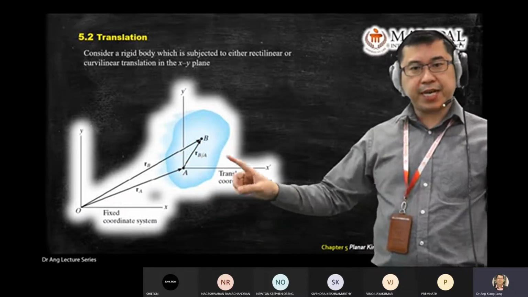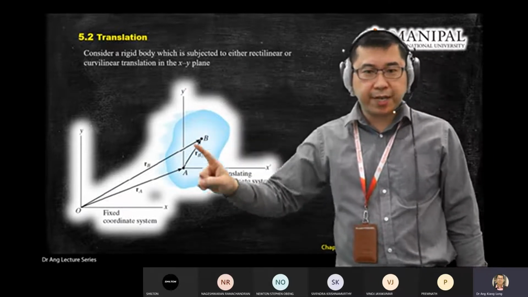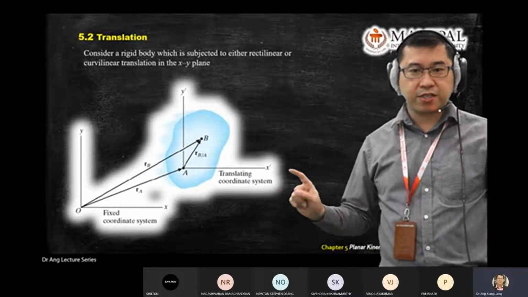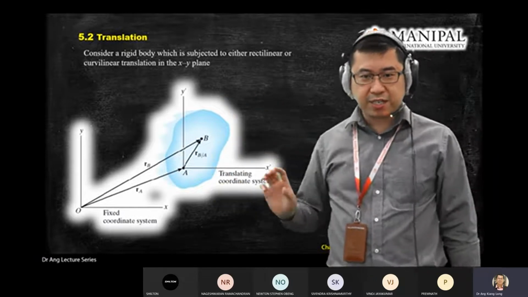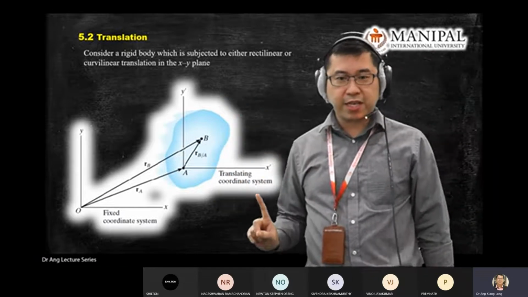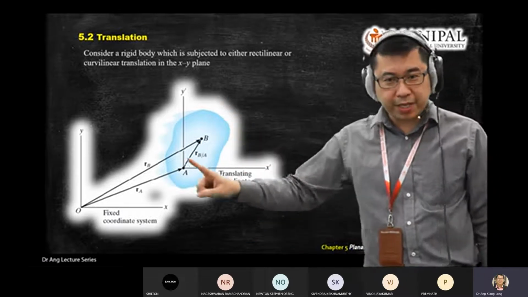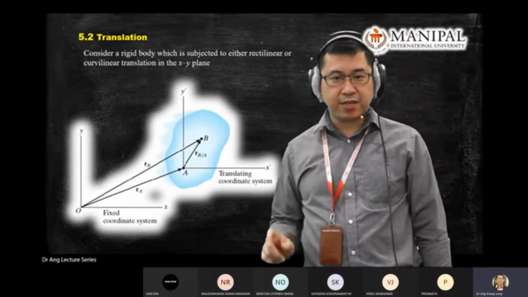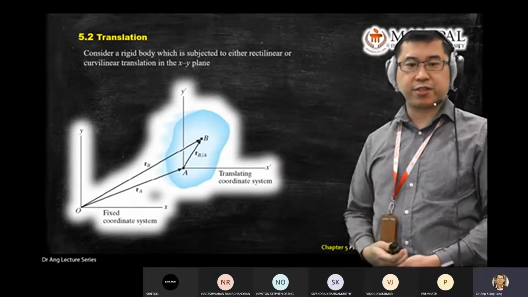If the object is experiencing translation, we name the axis the translating coordinate system. If it's having a rotation, then we name this axis the rotating coordinate system. And if it combines the two, we name this one the general plane coordinate system. So we start with translation first.